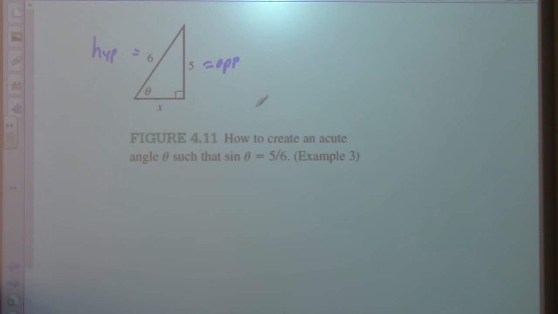So we say sine theta equals 5/6, and cosine theta is equal to x/6. And if you know what theta is, you'd be able to solve for x, right?